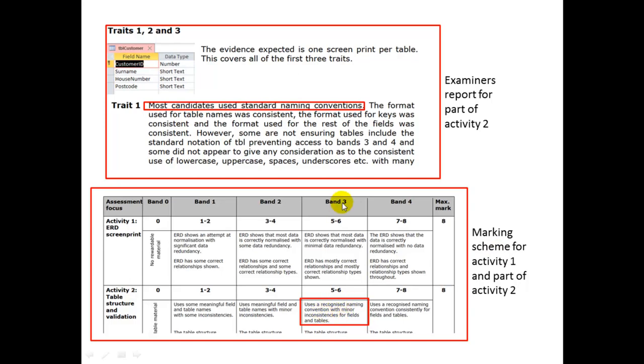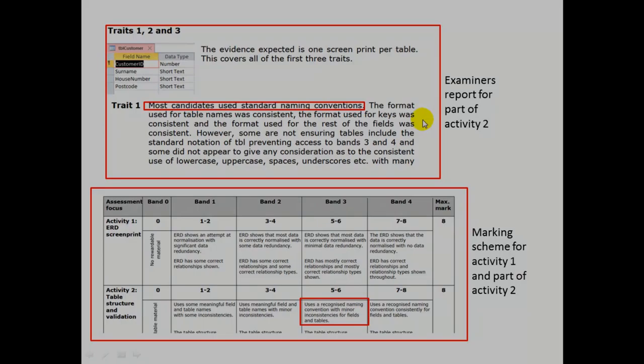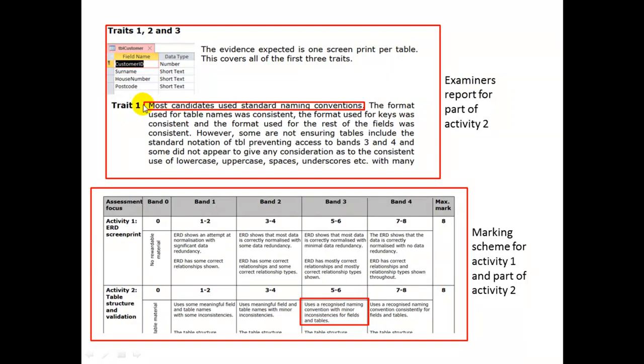It's in the Band 3 marking scheme area where you are awarded marks for naming conventions. You will lose these marks otherwise. As well, the examiner up here talks about this in activity 2. Most candidates used standard naming conventions, and he praises that.